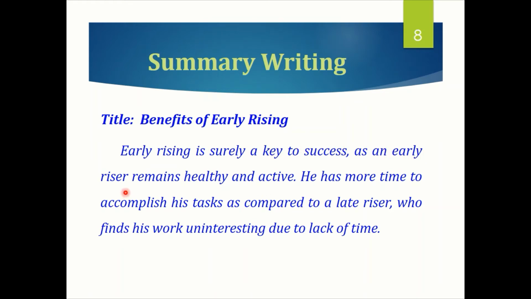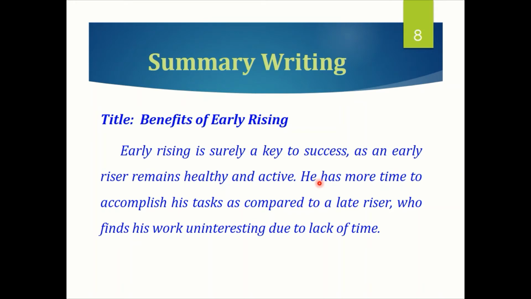As an early riser remains healthy and active, he has more time to accomplish his tasks as compared to a late riser. So you know that in that passage there is just a comparison of an early riser, that he has more time to finish his work and he has good health, while the late riser has less time to complete his tasks.